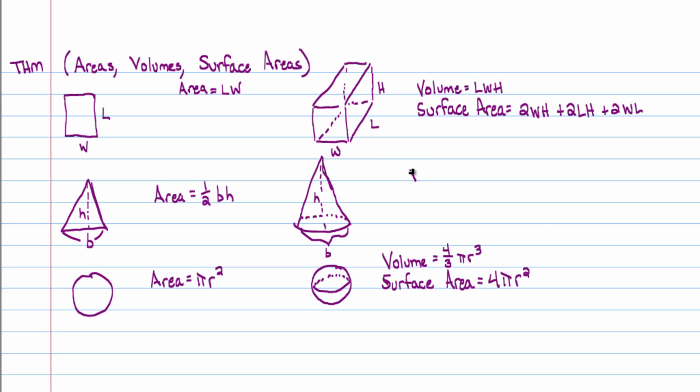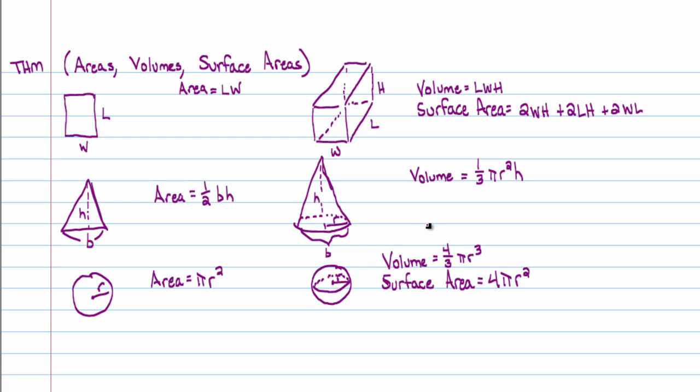Now, the volume of a cone, like a traffic cone, is 1/3 pi r squared h, where r is actually the radius. So this little distance right here is the radius. And I didn't mention it for the circle, but this distance is the radius, and in a sphere, from the center out is called the radius as well.